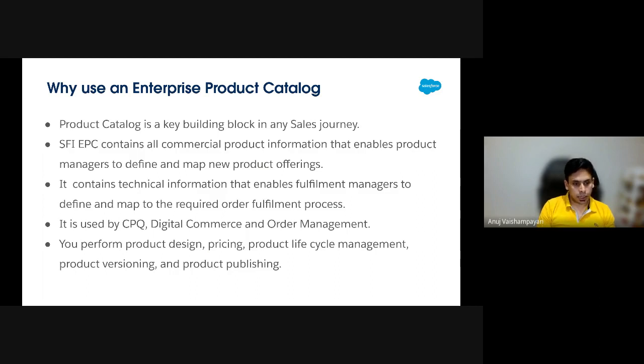It contains technical information that enables fulfillment managers to define and map the required order fulfillment process by creating your technical products and commercial products. It is used by other modules like CPQ, digital commerce, and order management. You perform your product design, pricing, product lifecycle management, product versioning, and product publishing inside the enterprise catalog.